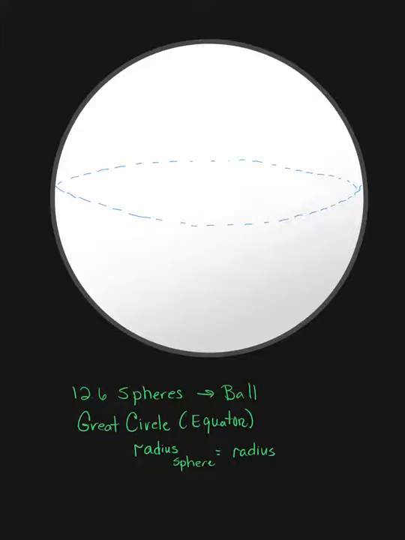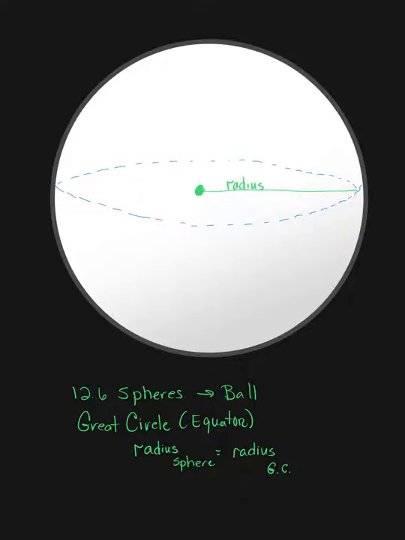Let's make that a little bit neater. Great Circle. Okay, so if I'm looking for the radius of this sphere, which I'm going to need to know for my formulas for area and for volume, that's going to be my radius of the Great Circle. It also makes it the radius of our sphere.